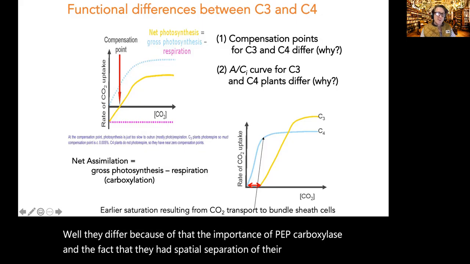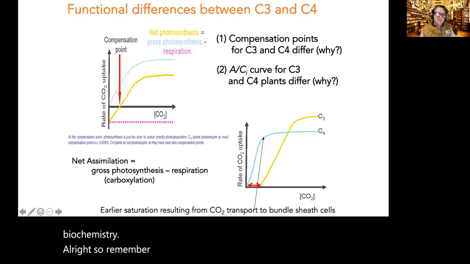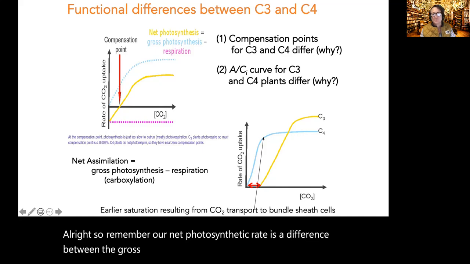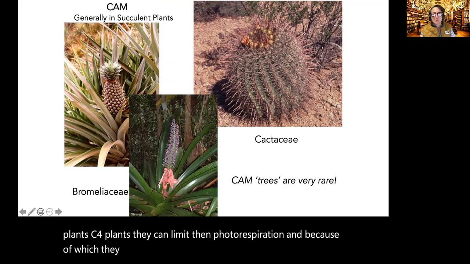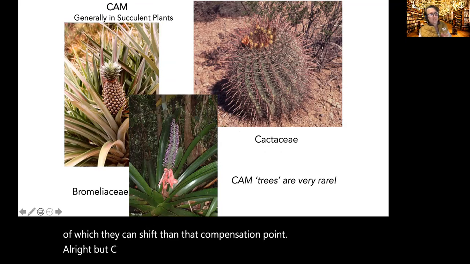Remember, our net photosynthetic rate is the difference between gross photosynthesis and respiration. C4 plants can limit photorespiration, and because of that they can shift the compensation point. All right, but C4 plants are not the only diverse kind of photosynthetic pathway.